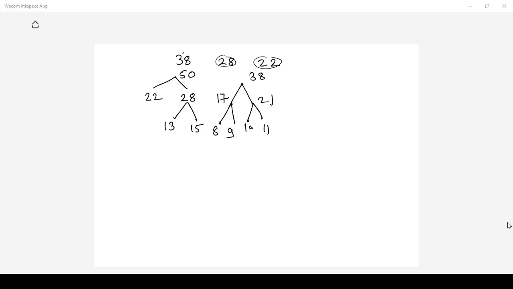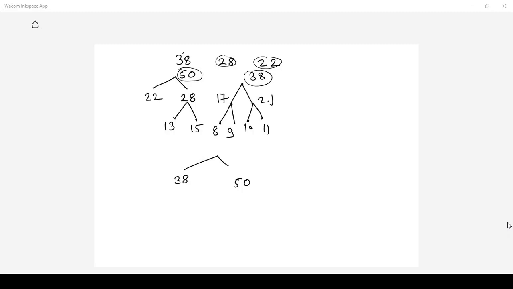So now we have only two weights with us, 50 and 38. Finally we should add them. 38 we should take on the left side and 50 on the right side, as the lesser weight is always on the left side and the greater weight on the right side.